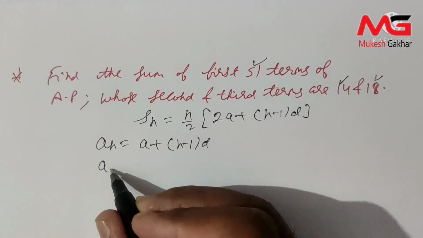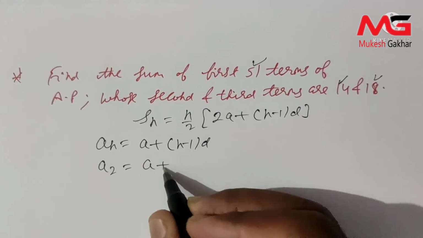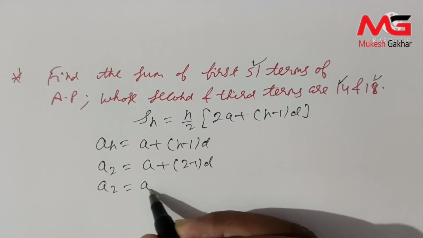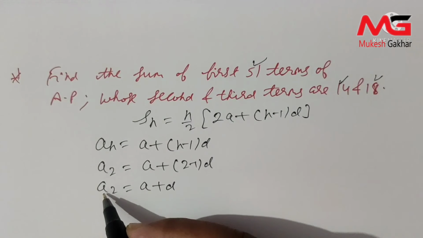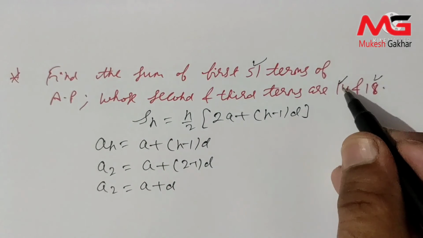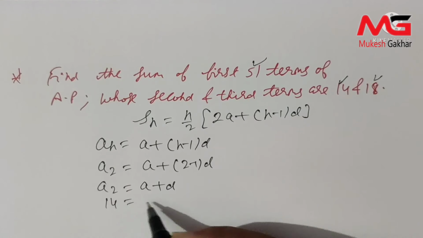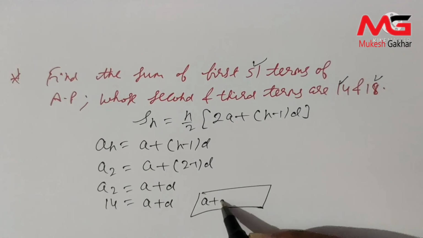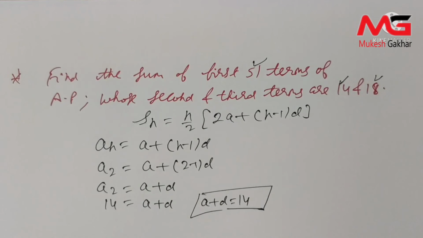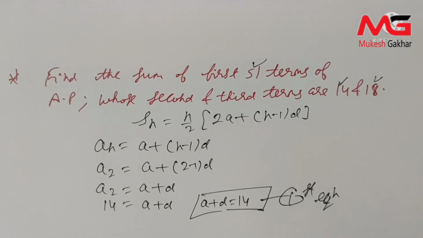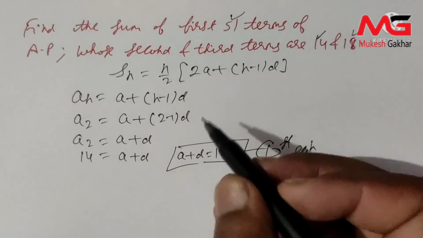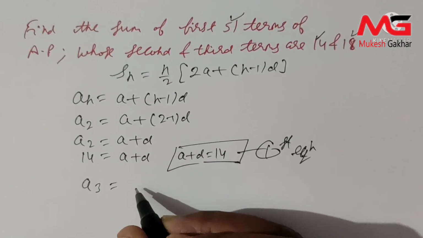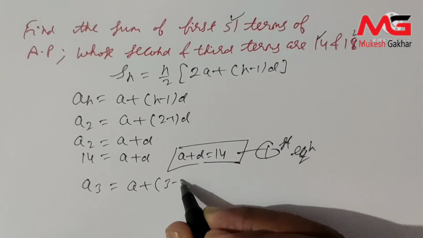So the second term a2 is a plus 2 minus 1 into d. a2 is equal to a plus d. So what is the value of a2? Means the second term. The second term is 14. 14 is equal to a plus d. Or we can write a plus d is equal to 14. It is the first equation. Now next one, the third term is given. The third term is 18. So a3 is a plus 3 minus 1 into d.